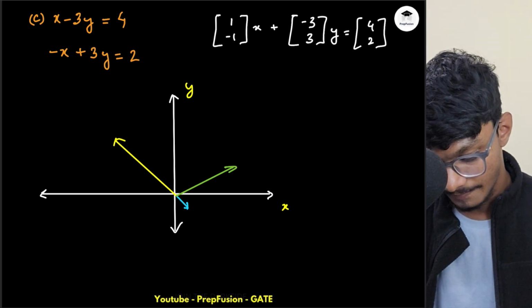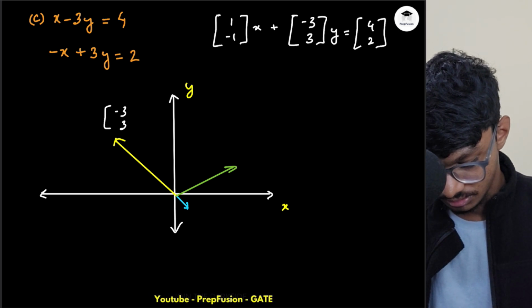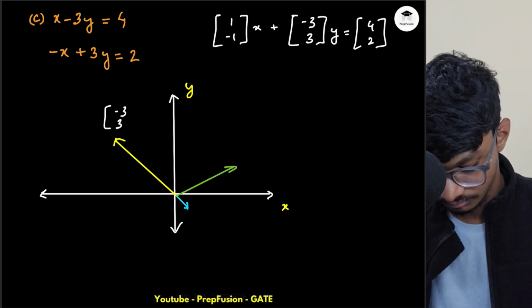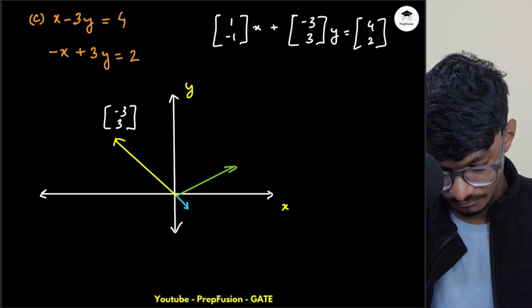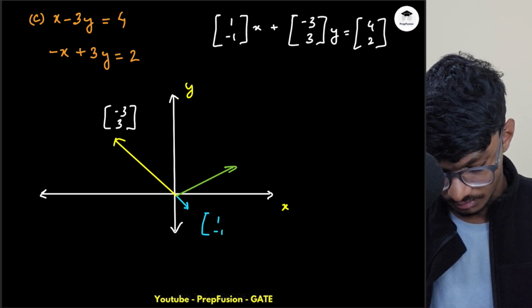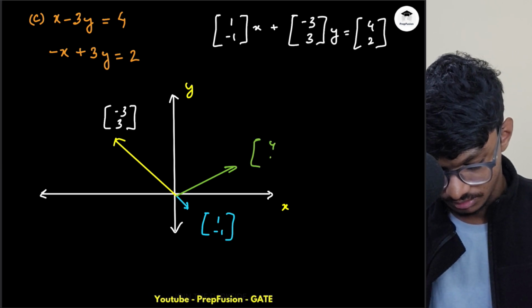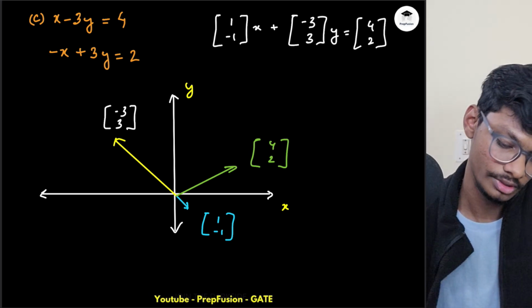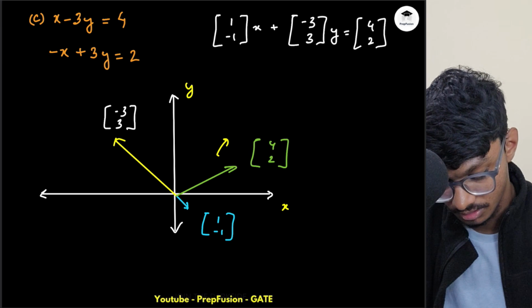So here this is minus 3, 3, 1 comma minus 1, and this is 4 comma 2. Okay, so we will never be able to get this. So here no solution exists.